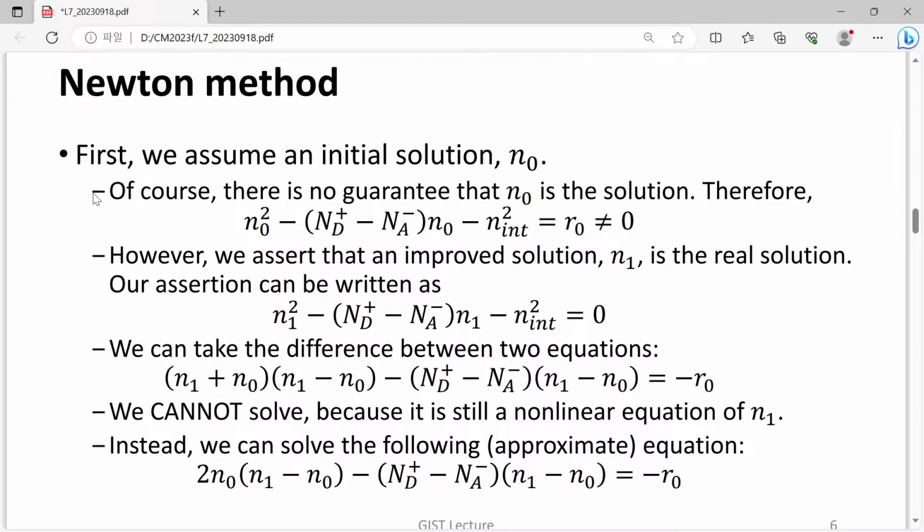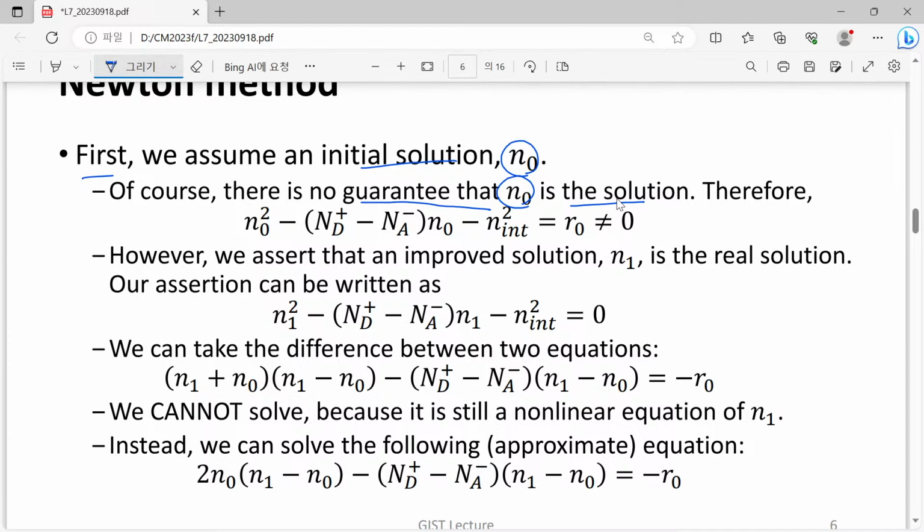So the first step, we assume an initial solution n0. Of course there is no guarantee that your guess is the right one. So for sure, we can say like this.